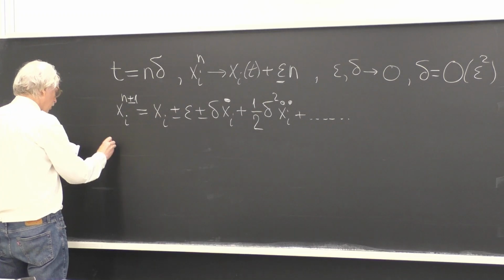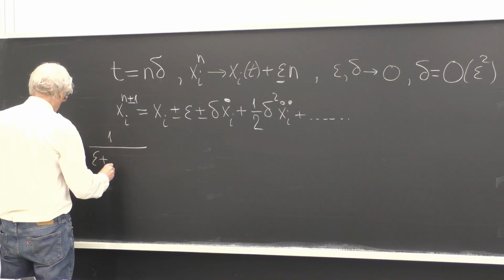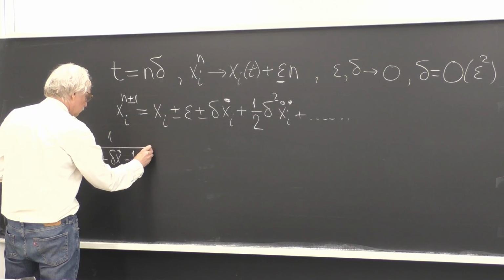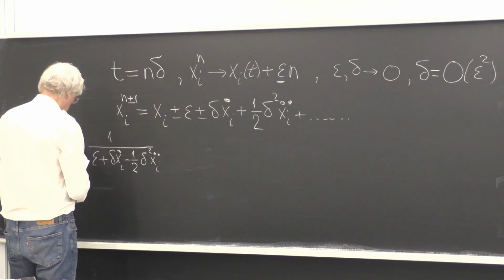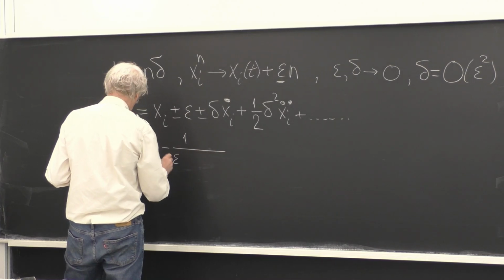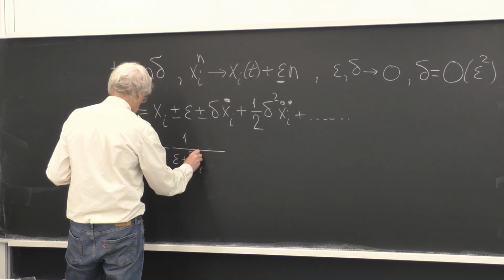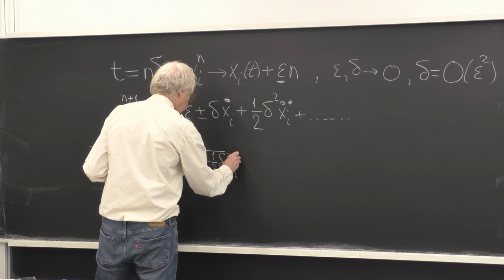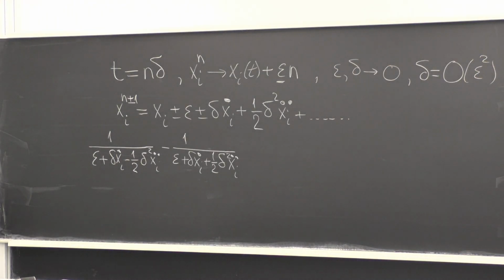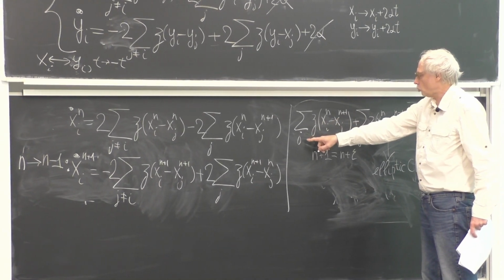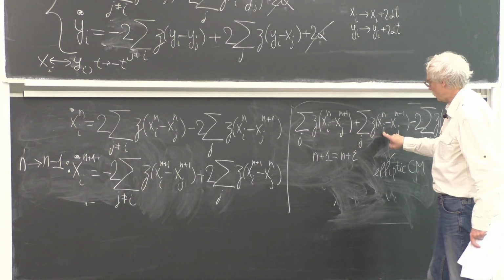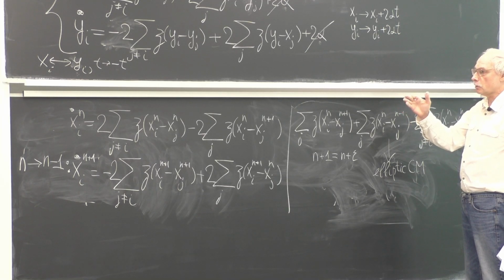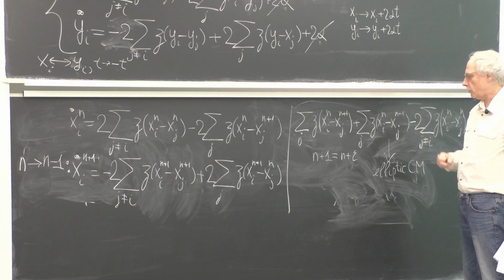So substituting this into the equation, we get... so we should consider separately here terms with j equal to i, and here we should separate the term with j equal to i, because they require expansion in higher order than other terms.